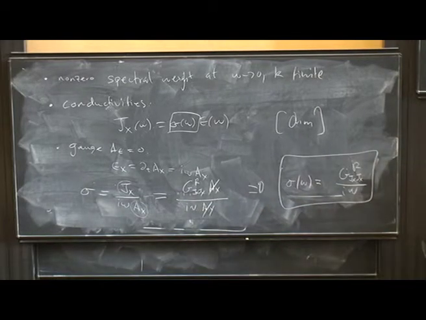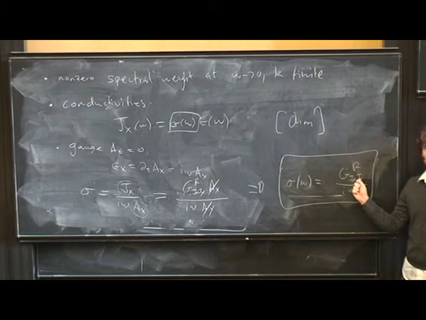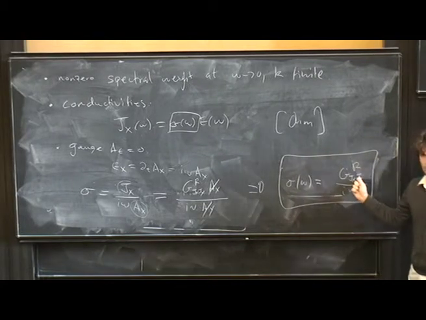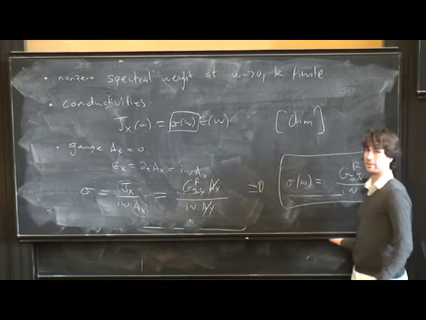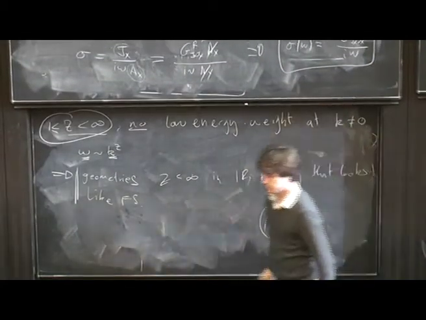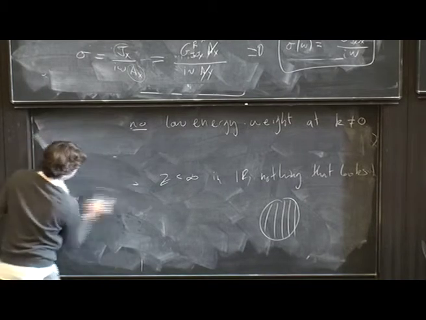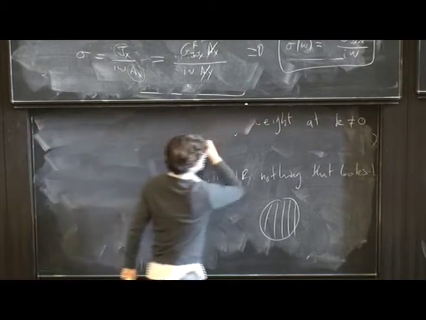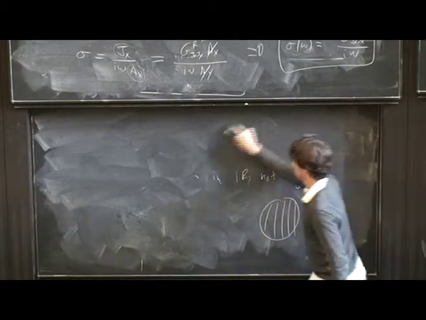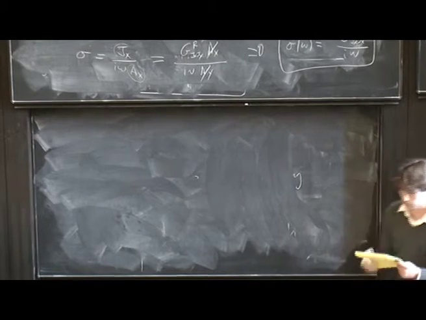Okay. So to calculate the conductivity of a system, all you need to calculate is the retarded Green's function of the current. Okay. Which is great because that's just exactly what we've been talking about. Okay, so this is the field theory definition of the conductivity.